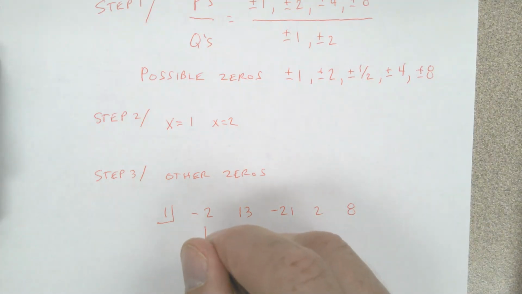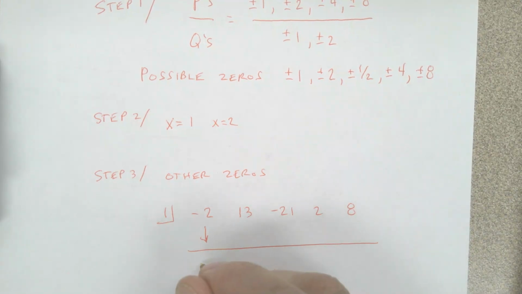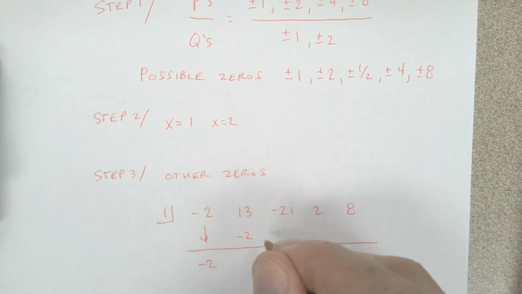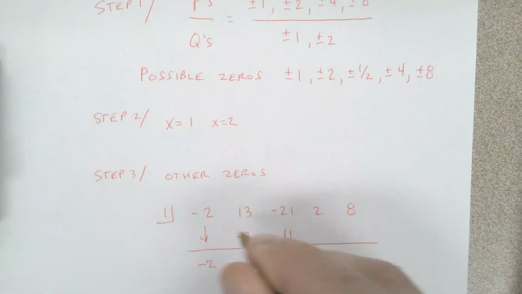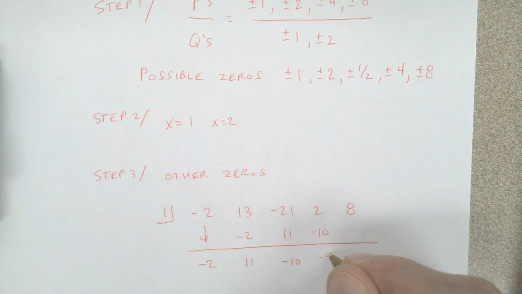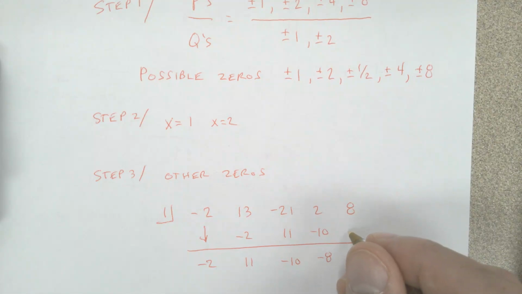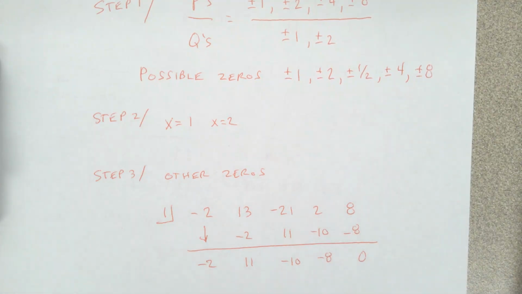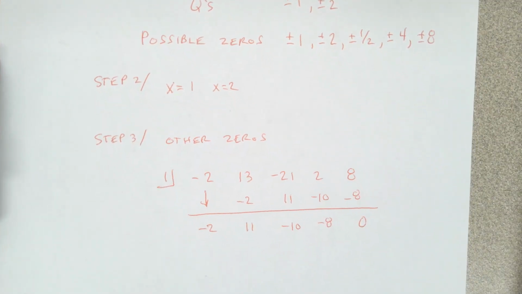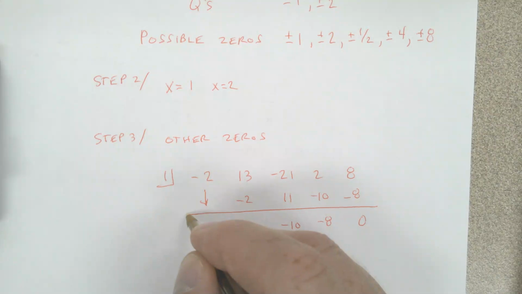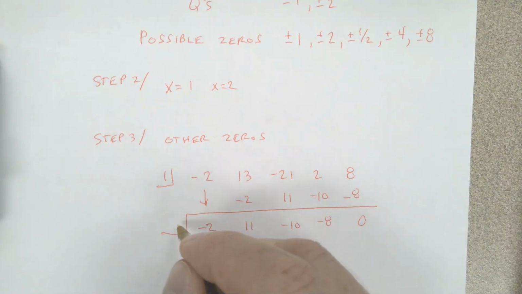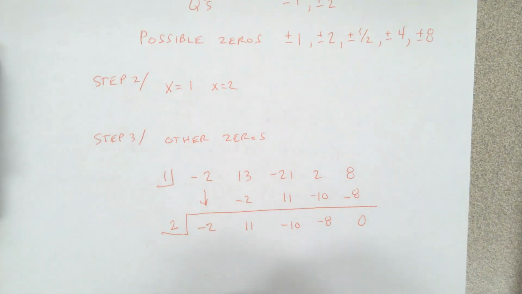As I go through the synthetic division, I get negative 2, 11, negative 10, negative 8, which gives me 0. Again, I'm still not down to an x to the third polynomial. So we're going to do synthetic division again, and this time I'm going to put 2 in because I know that's also a zero.